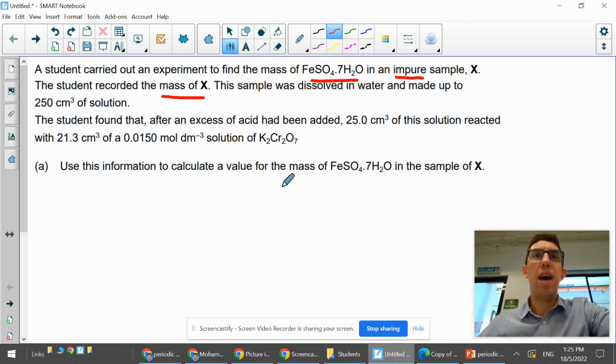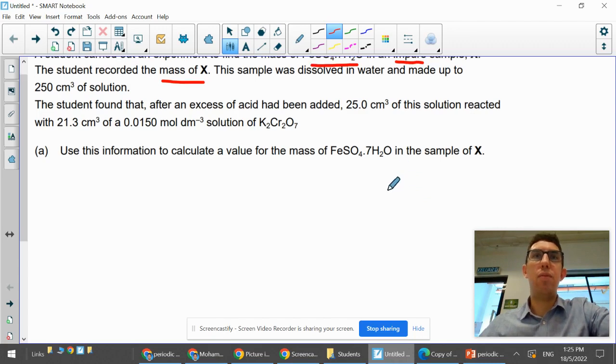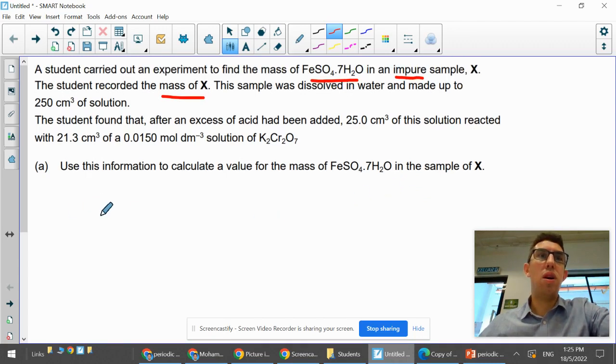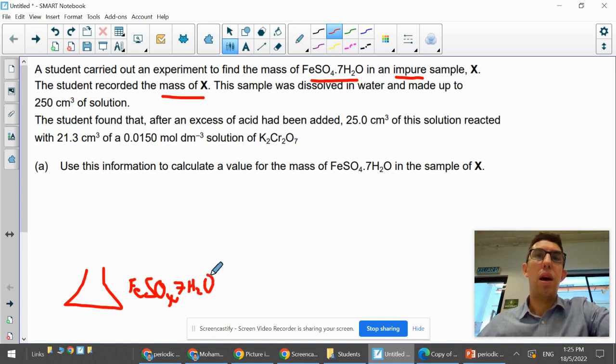Okay, so let's draw out what's happening. We've got our hydrated iron sulfate in a conical flask. So in here, we're going to have our iron sulfate. Now, what information do we know about this?